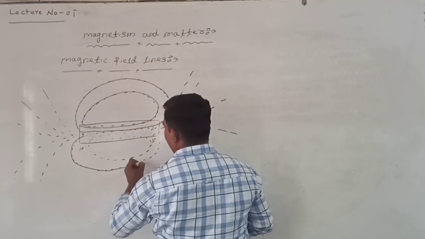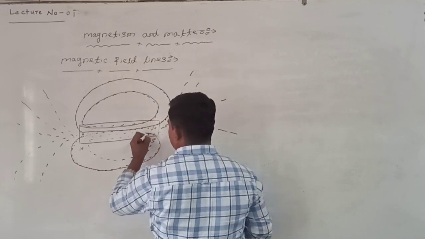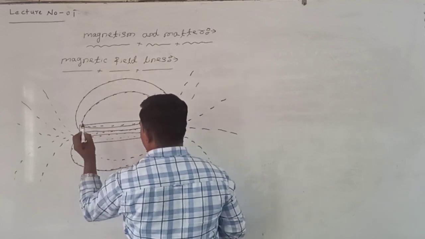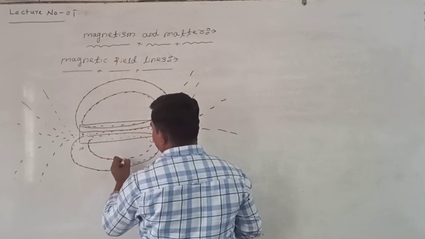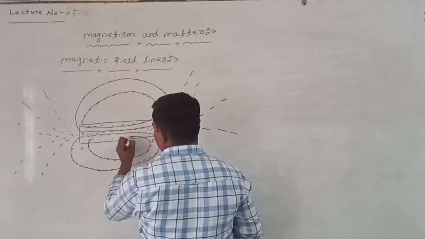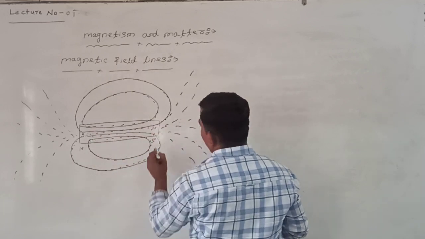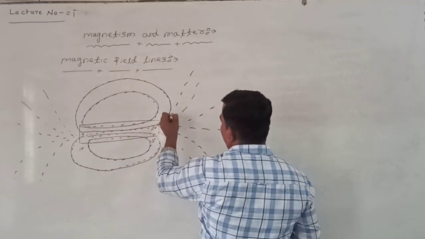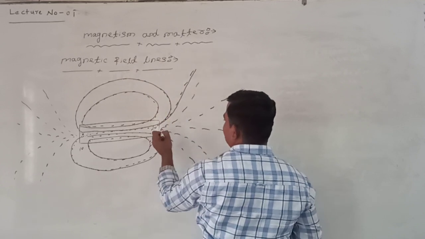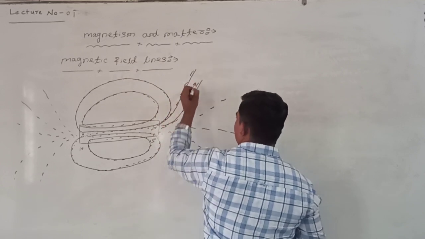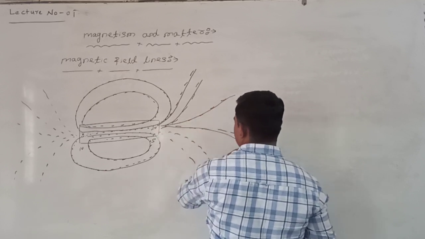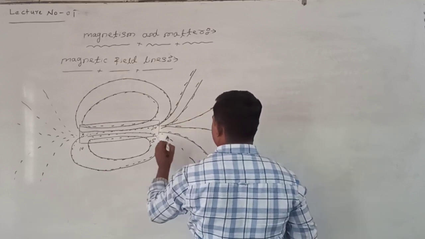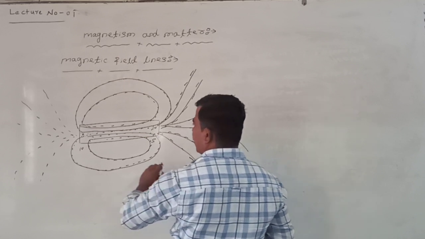Let us join all the imaginary lines. I am joining all the imaginary lines. Right. These are the imaginary lines around a given bar magnet.